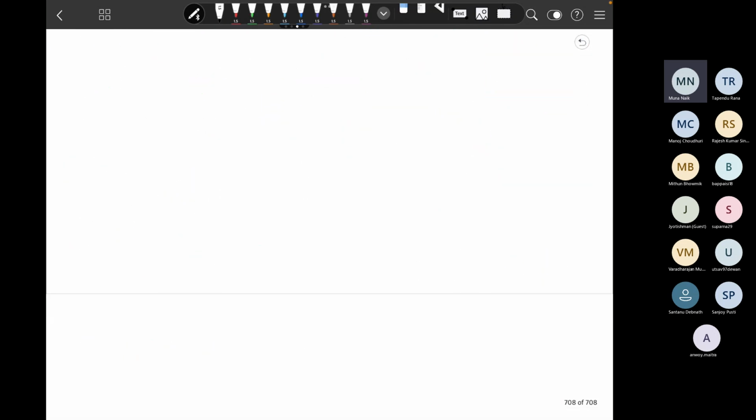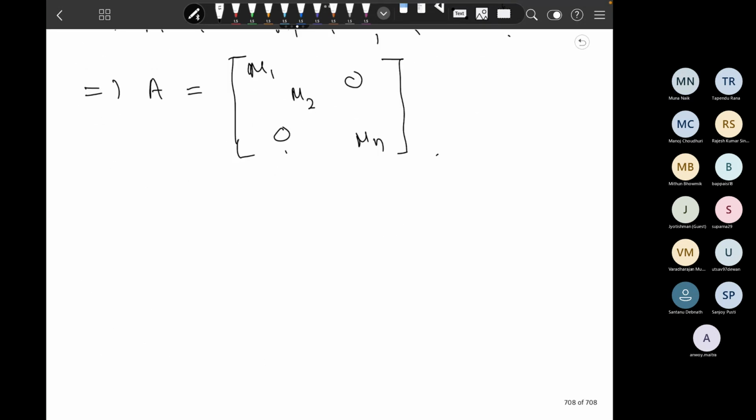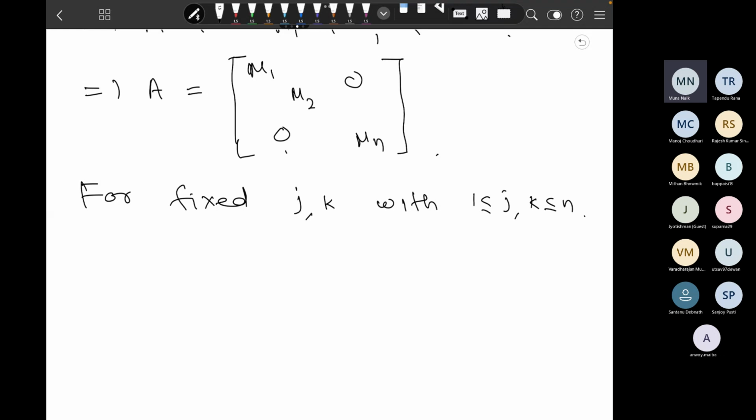So this C1 is good. Now I want to change this for fixed j, k with 1 ≤ j, k ≤ n.